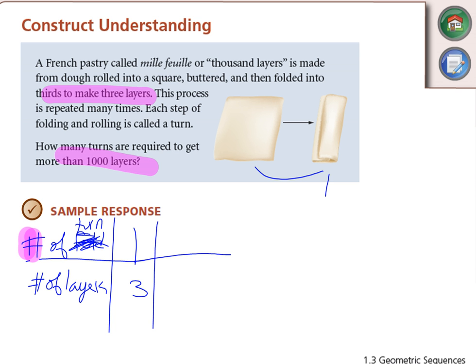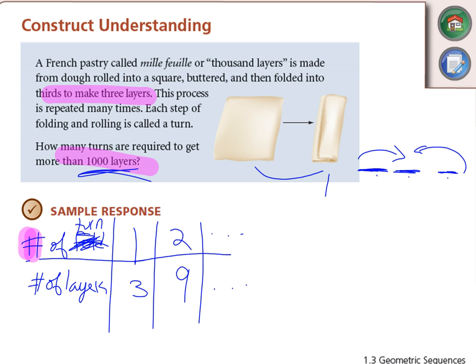Now after the second one, we take that, roll it out, and fold it again. This time, the second turn that we do, you're going to have 3 from one side, 3 and 3 that are going to get folded in. So you have 1, 2, 3, 4, 5, 6, 7, 8, 9 layers at that point. I want you to continue that pattern. When are you going to get to 1,000 layers?